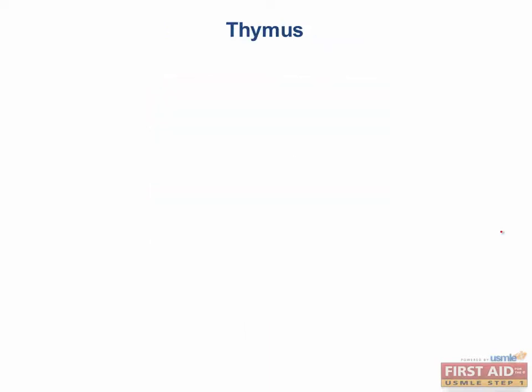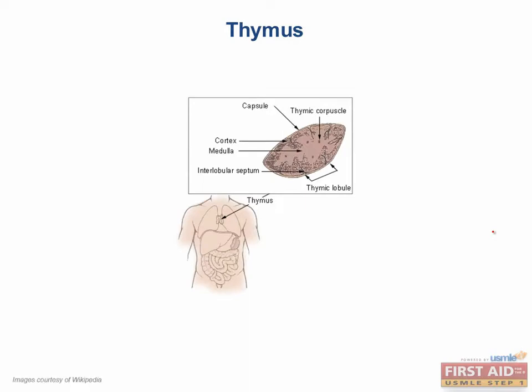So now it's time to talk about the final lymphatic organ, and that is the thymus. We'll talk about this in more detail later, but in general right now, just know that just like the lymph nodes, the thymus also consists of a cortex and medulla, okay? Which is very similar to lymph nodes. It regresses with age. Starts out enormous in a kid, right here in the anterior mediastinum, and then gets smaller with age.